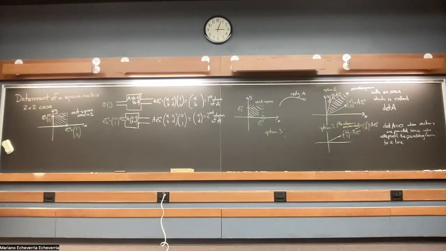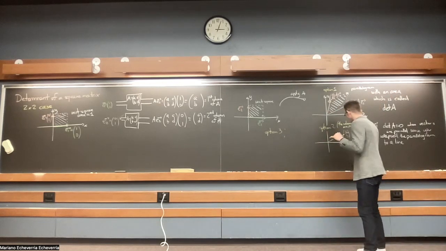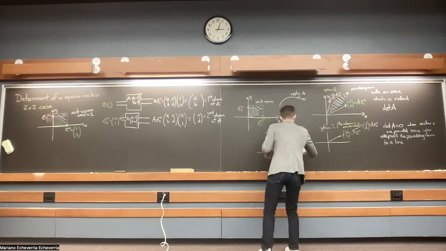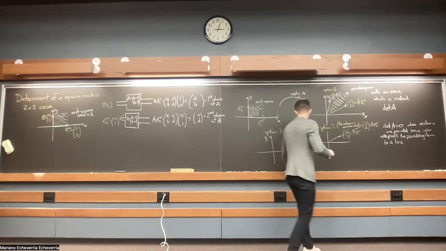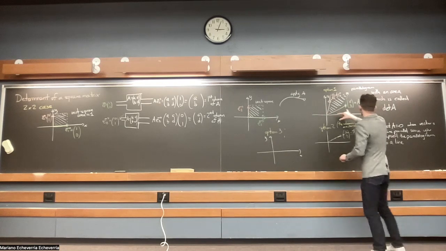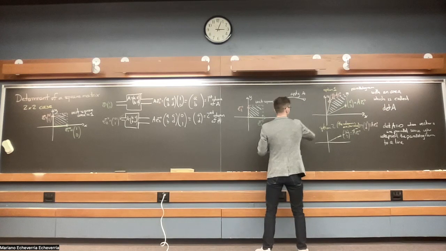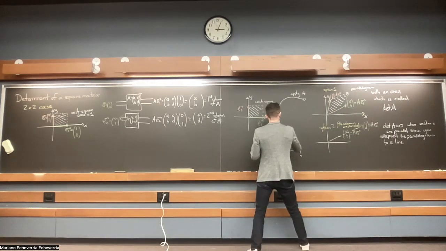So let me try to draw it so that you see what I mean. Essentially, the other thing that would happen is that you reverse the roles of how these vectors look. So now AE1 is here, and AE2 is here.